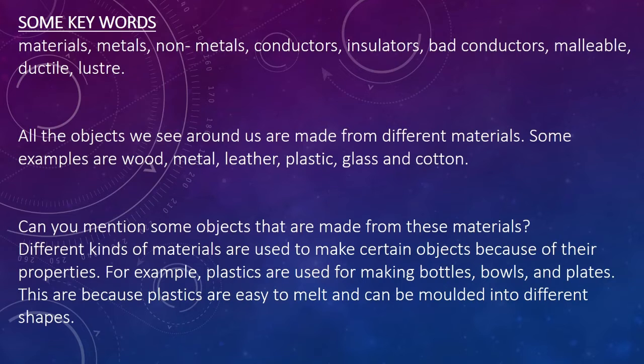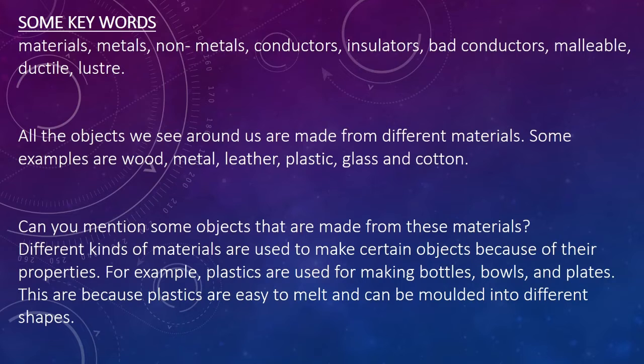Different kinds of materials are used to make certain objects because of their properties. For example, plastics are used for making bottles, bowls, and plates. If you go to your kitchen now, you will find some plastic bowls, plastic plates, and plastic bottles. Why do we use plastics for making these objects?